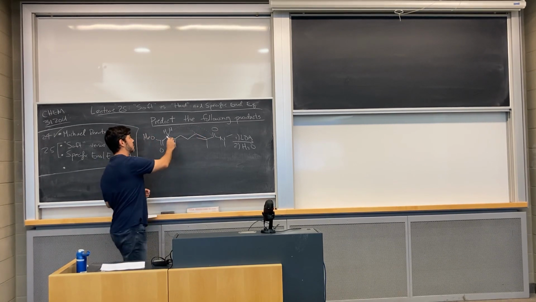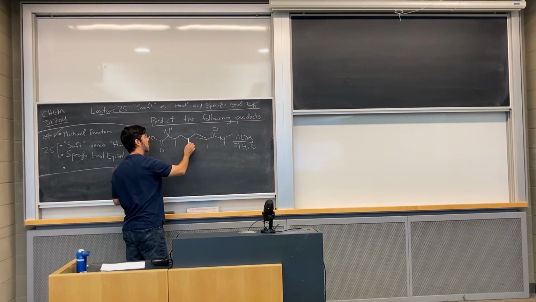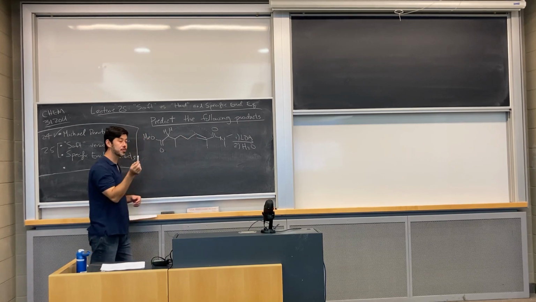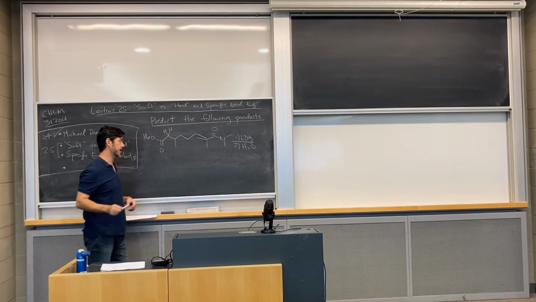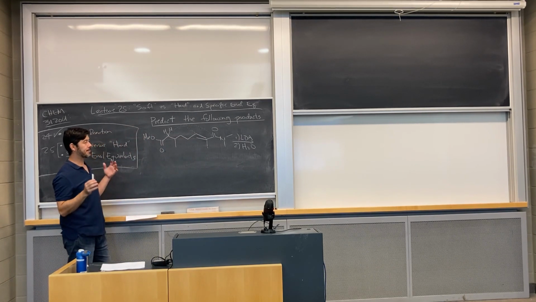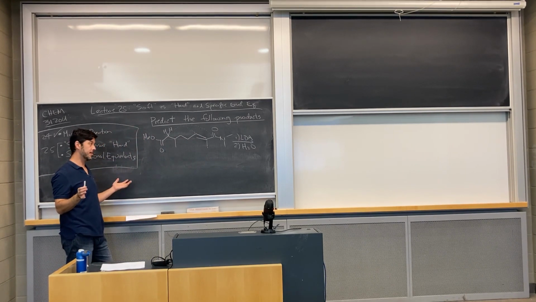So you have potentially a 7-membered ring versus a 5-membered ring. Now, 5-membered rings are much better than 7-membered rings, so the Michael reaction will be the dominant product.